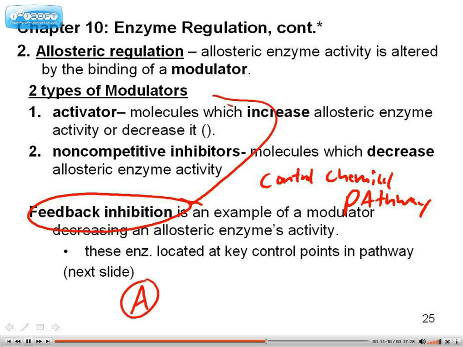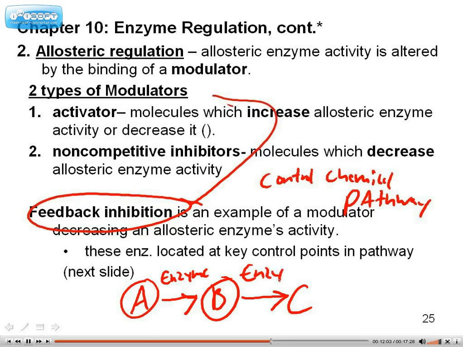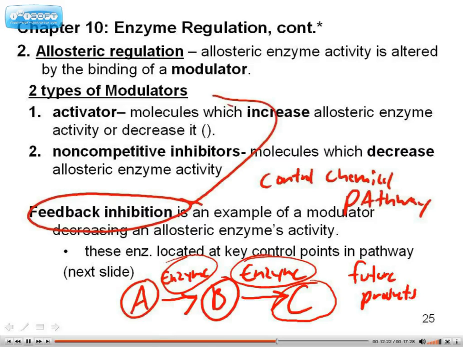A chemical pathway is a series of chemical reactions where A will be changed to form product B, and B will be changed to form product C, care of important enzymes along the way. One way that we can control enzymes is that some of the future products can act as inhibitors.